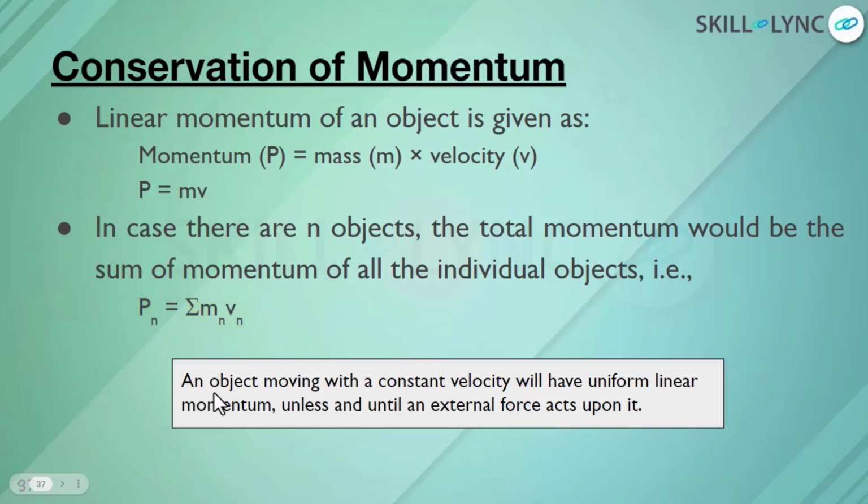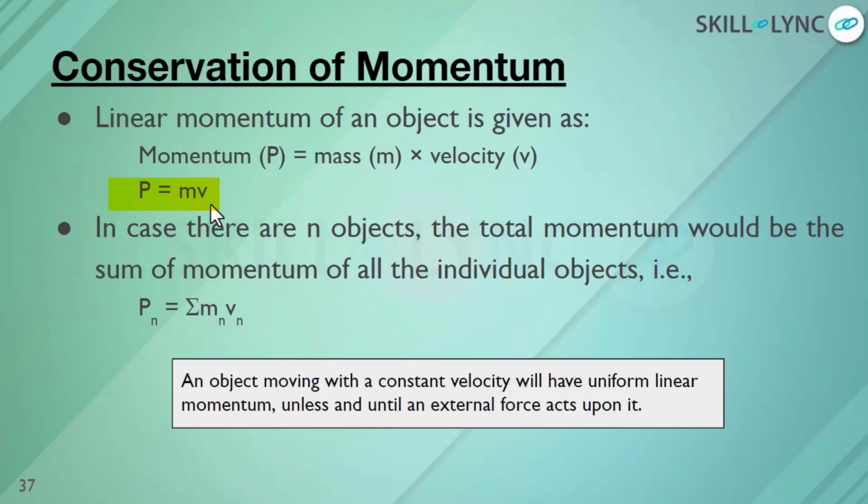It is to be noted that an object moving with a constant velocity will have uniform linear momentum unless and until an external force acts on it. This states that if an object is moving with a constant velocity, since I have already told you in the previous sessions that momentum P is mass into velocity, mass is never going to change by itself.